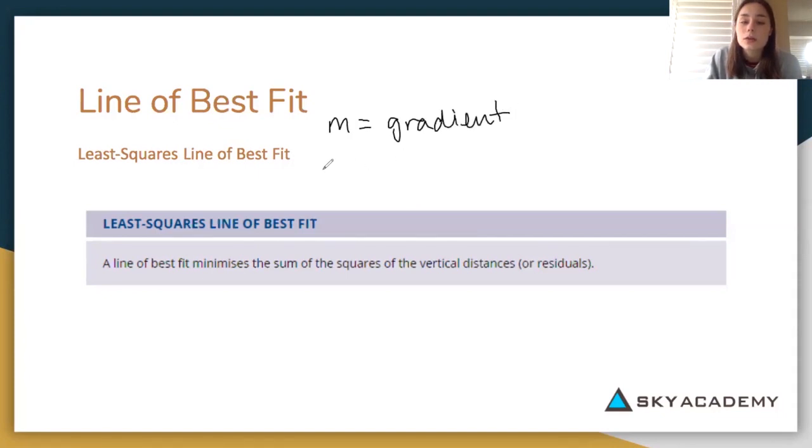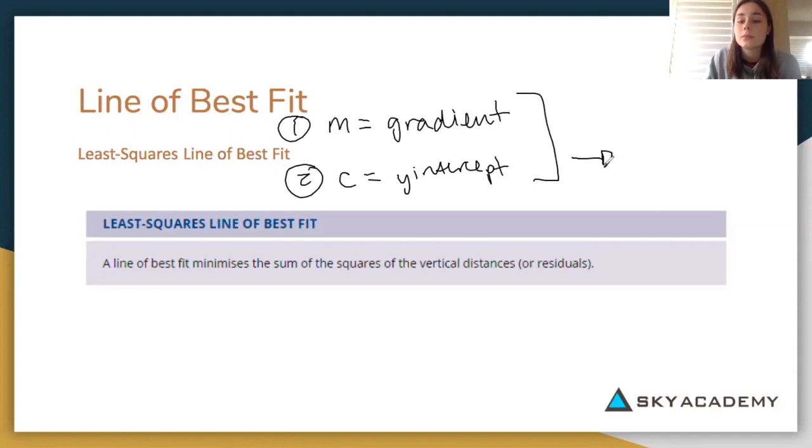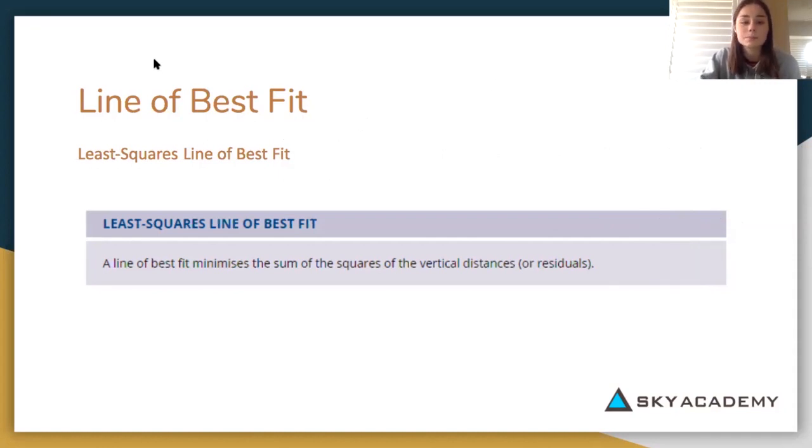And also your second formula that you will solve for will be for the y-intercept. And once you have solved for these two, you can then sub those two into the y equals mx plus c to get the line of best fit. So it seems very confusing, but we will go through it now and have a look at what this all means.